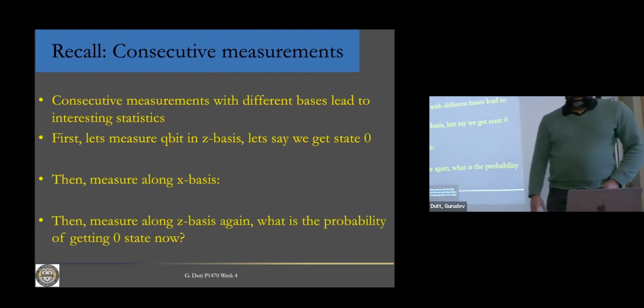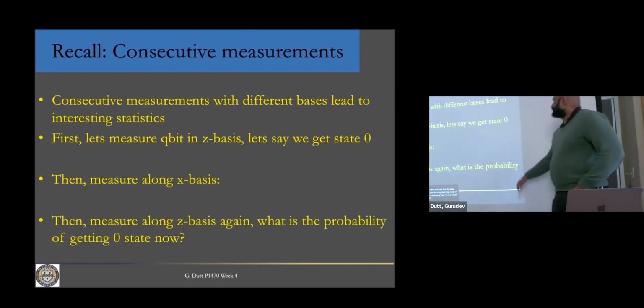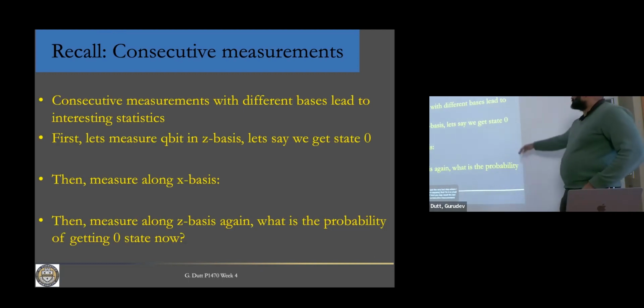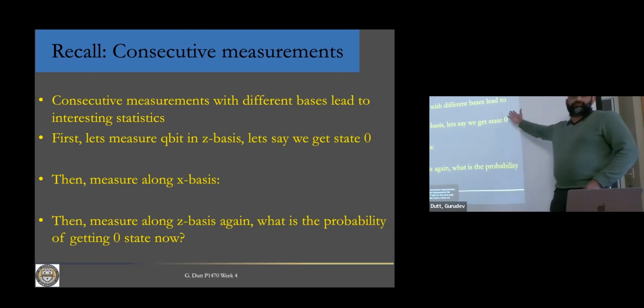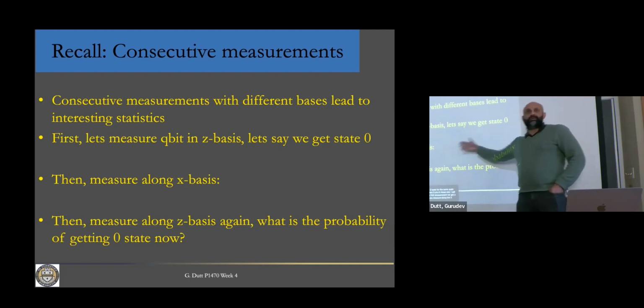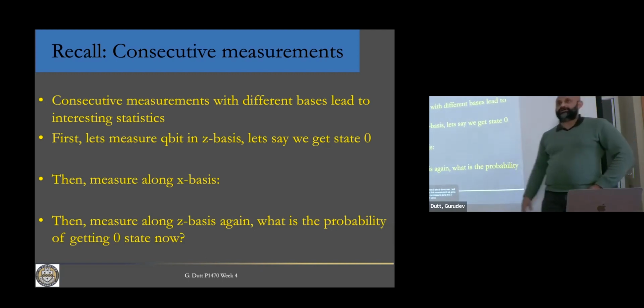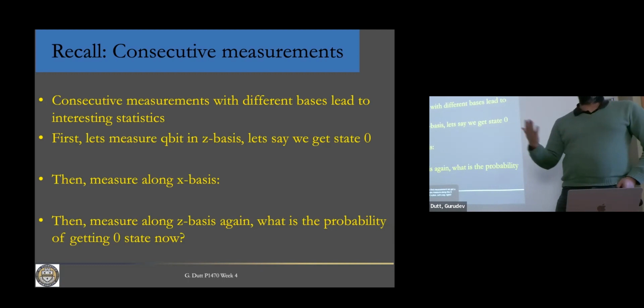Okay, and you may recall the last time we discussed consecutive measurements. In consecutive measurements, we measure along the z basis for the same qubit state, let's say A times 0 plus B times 1. And let's say in the first measurement, we got a 0. And then if we measure along the x basis, we might get a plus, let's say, because 0, as we saw, could be written as an equal superposition of plus and minus.